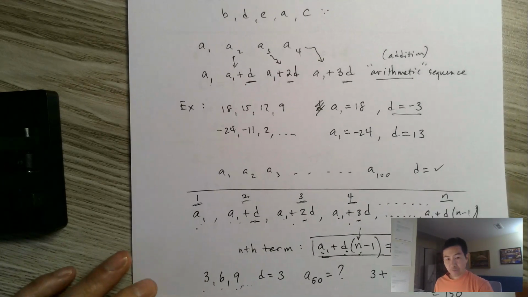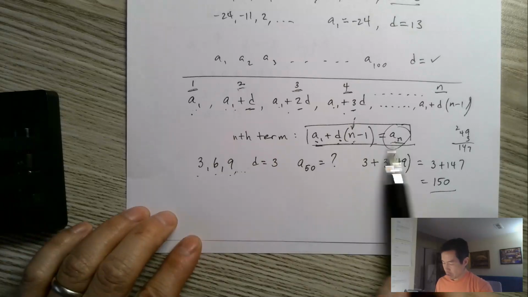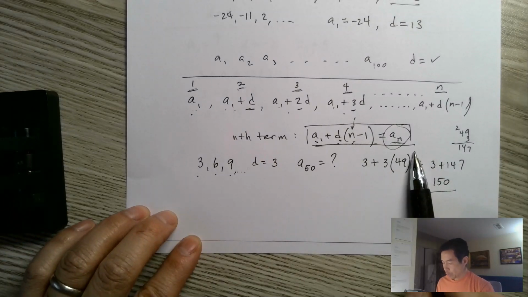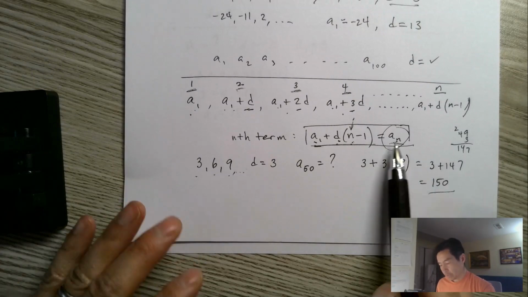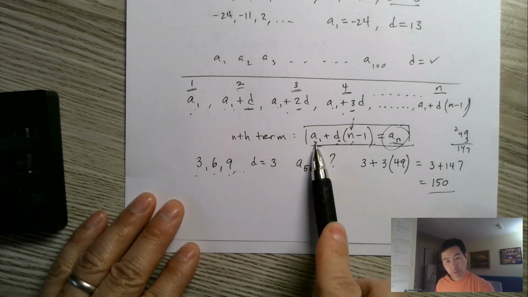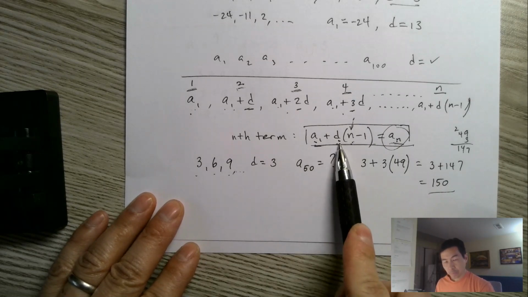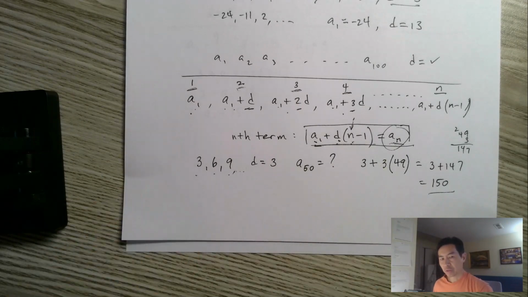And we derived the nth term formula, which is right here. And we can use this formula to find a variety of things. We could use it to find a sub n, which is what we use it most of the time for. Or we could use it to find a sub 1, or d, or n, depending on what you know and what you're asked to find.